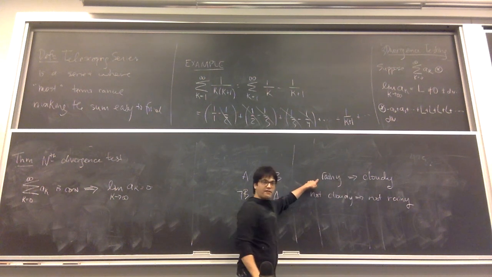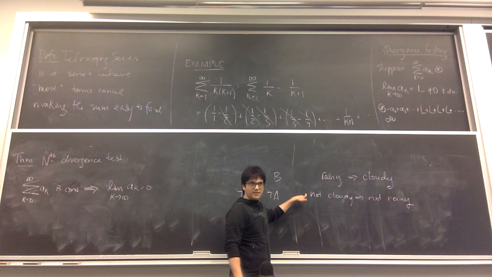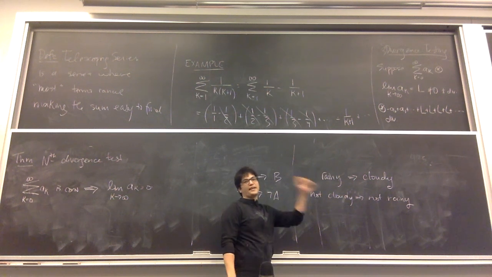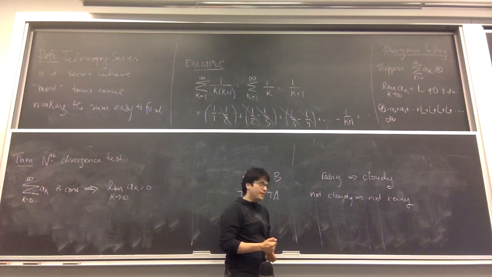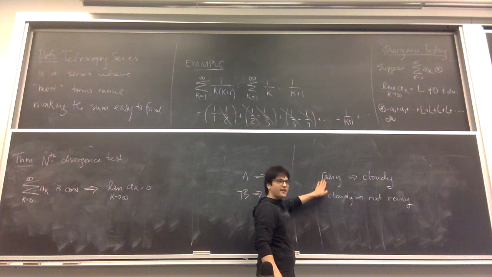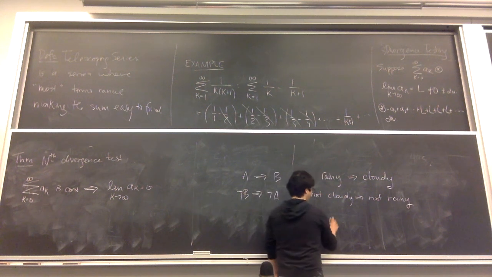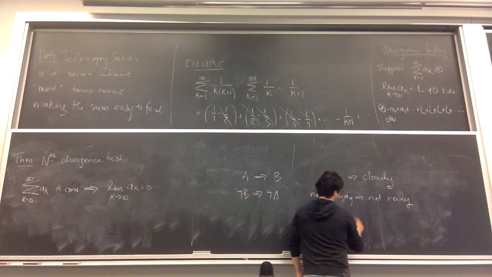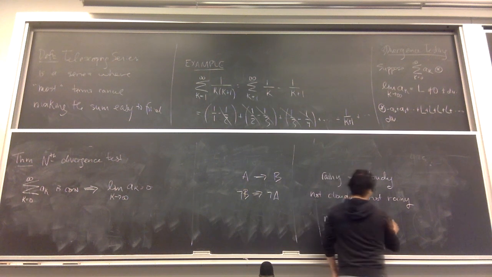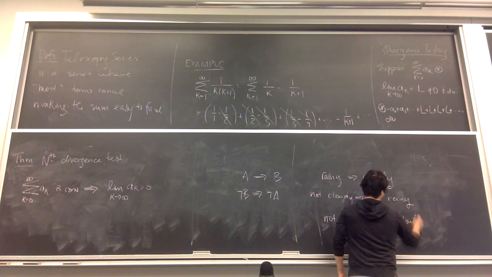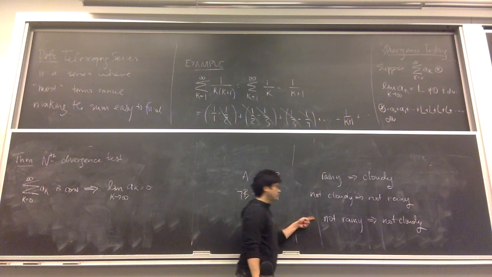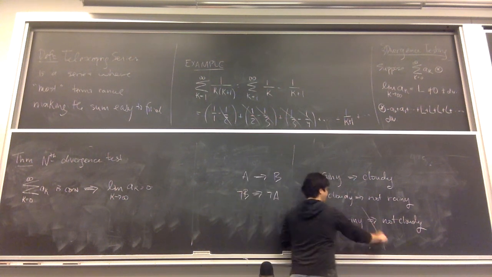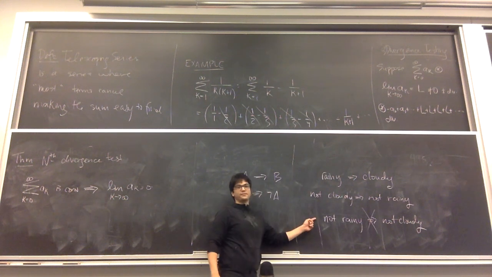So this is an inference statement. This is the contrapositive. The common mistake made by humans is to assume from here that you get this. This is not the case. That's not the contrapositive.